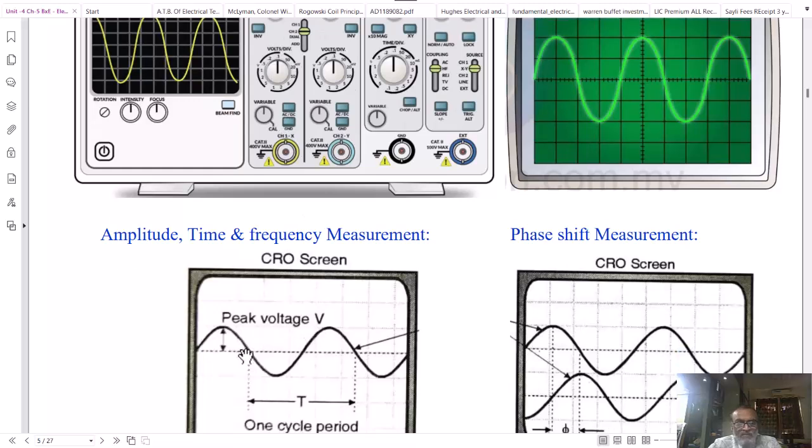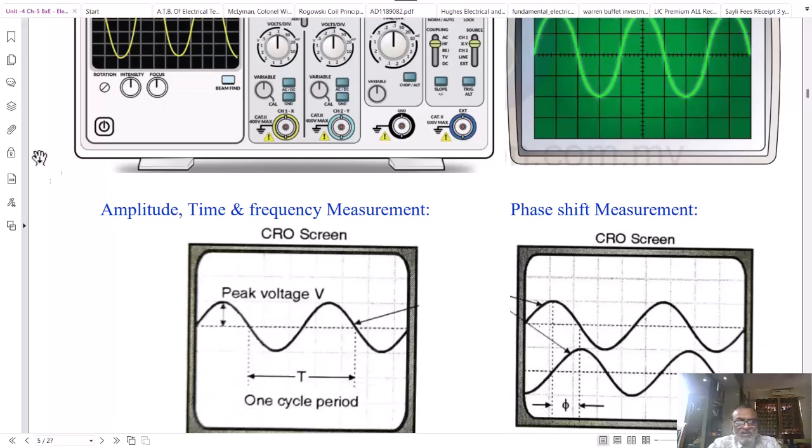Here one division corresponds to how many volts will be set by volts per division. So therefore, the vertical distance on the y-axis, or vertical axis, more correctly the voltage axis, times the volts per division setting gives you the voltage value between the two points.